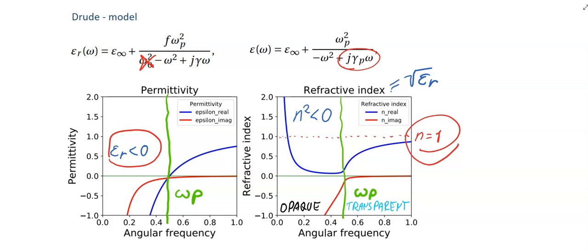The Drude model is often used to describe metals. As we see from the refractive index, the material is opaque at low frequencies, but becomes transparent at high frequencies, indicating the ultraviolet wavelengths in this case.